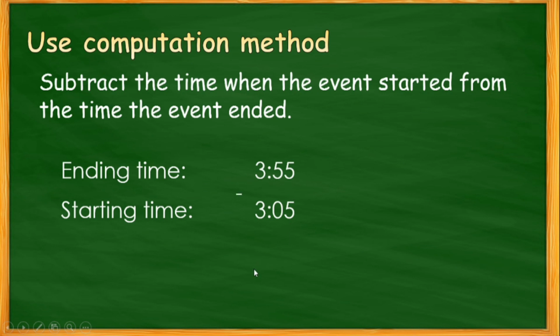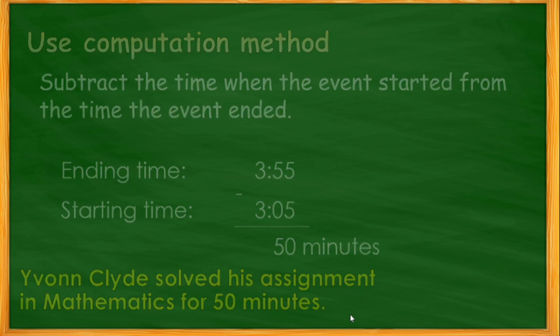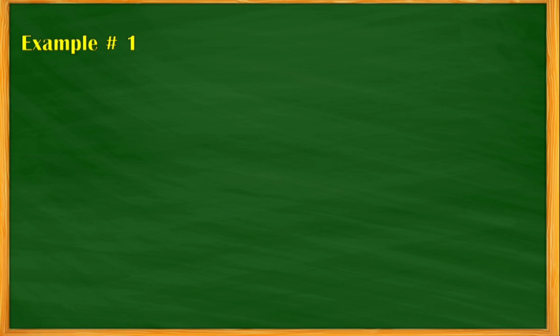Let's subtract. 5 minus 5 is 0, then bring down 5, 0. So the answer is 50 minutes. So Yvonne Clyde solved his assignment in mathematics for 50 minutes. That's very easy. Let's try another problem.